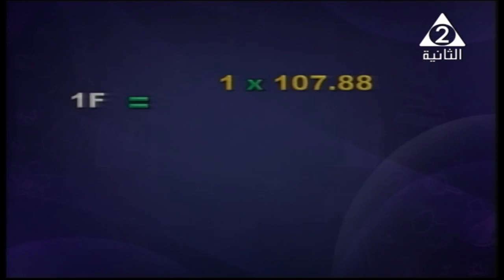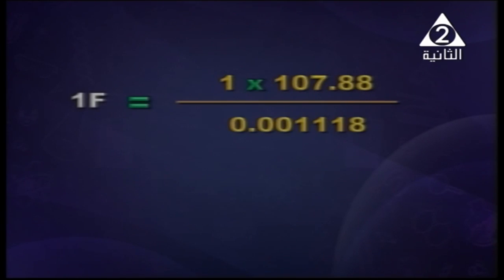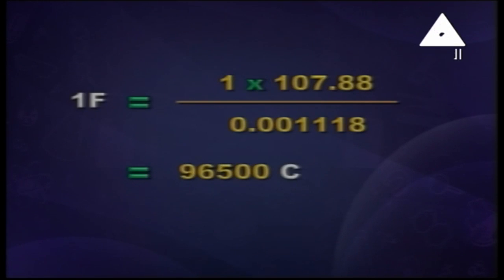So 1 farad equals 1 times 107.88 over 0.00118, which nearly equals 96,500 coulomb. So the relation between farad and coulomb is 1 farad equals 96,500 coulomb.